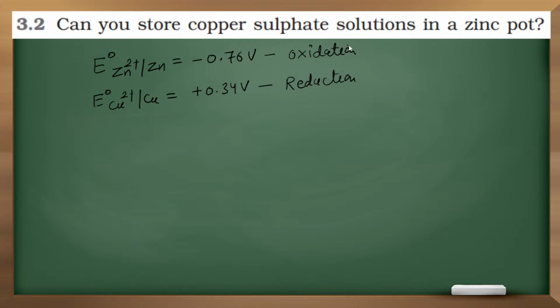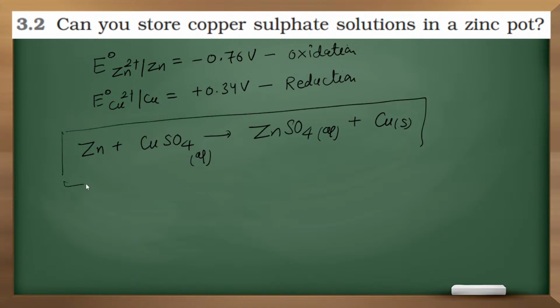So that implies when zinc is stored in copper sulfate, then zinc gets oxidized because its reduction potential is low, and zinc is converted into zinc sulfate. That means zinc is dissolved, and copper is reduced. Copper 2+ turns into copper solid. That means the zinc pot gets dissolved.